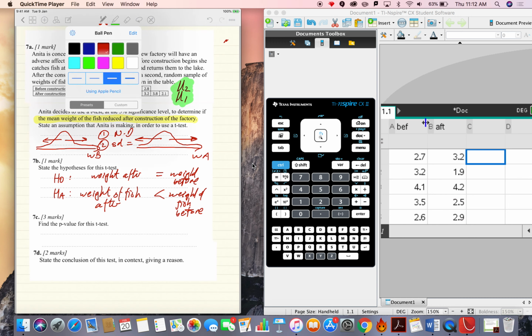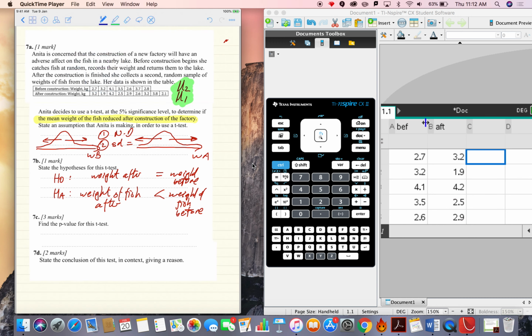So let me grab mu1 and mu2 and let's look at this alternate hypothesis here. The alternate hypothesis is weight of fish after. Now the weight of fish after we called mu1. So mu1 is less than mu2. So that's the alternate hypothesis. Now that will help us with our TI Inspire work.